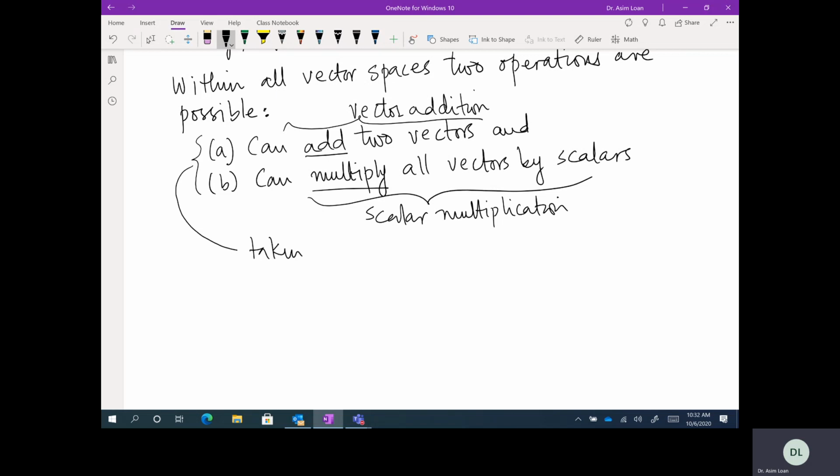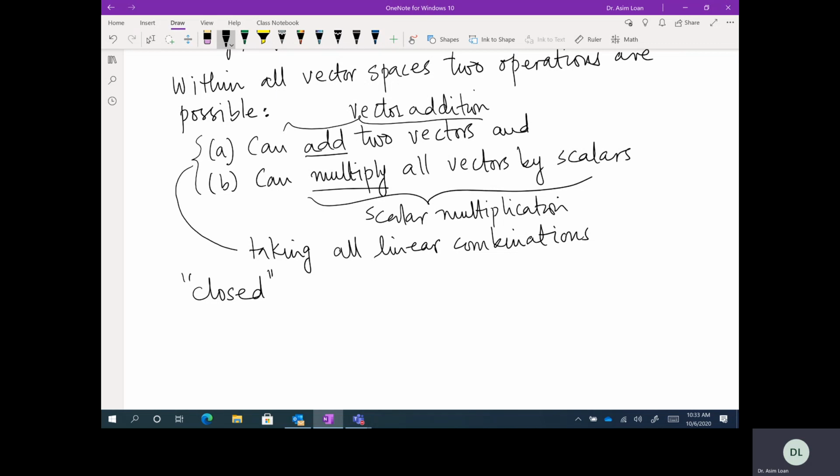A simple way of writing these two steps is that a vector space is closed. Closed meaning when you add two vectors, the result is in the vector space, and when you multiply a vector by a scalar, the result is still in the vector space.